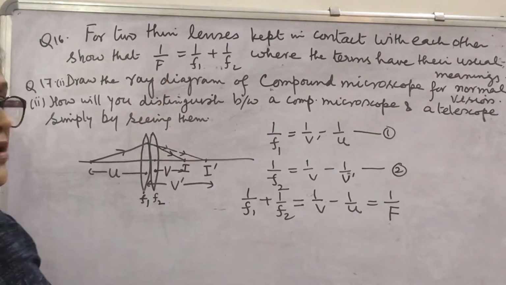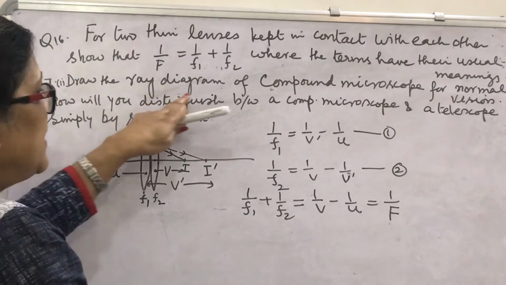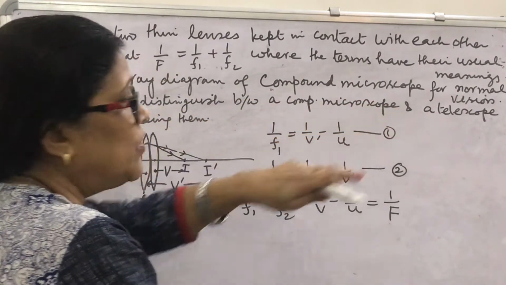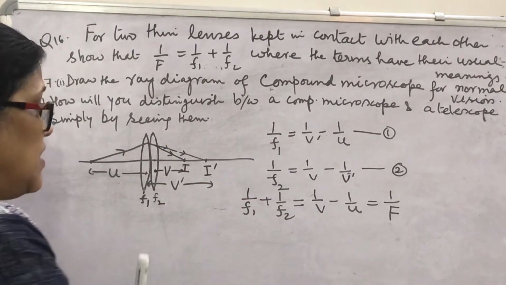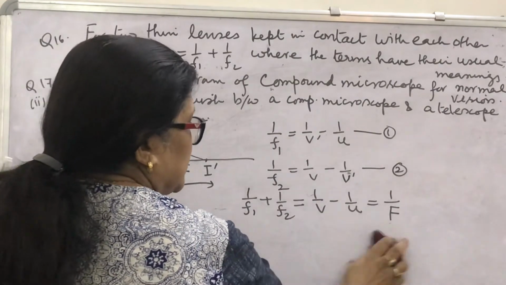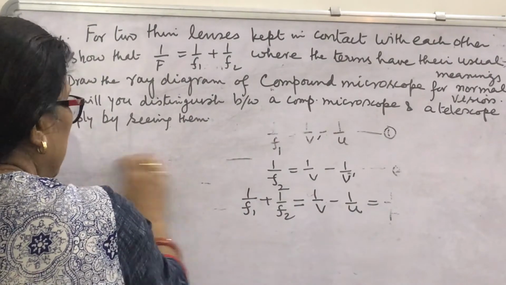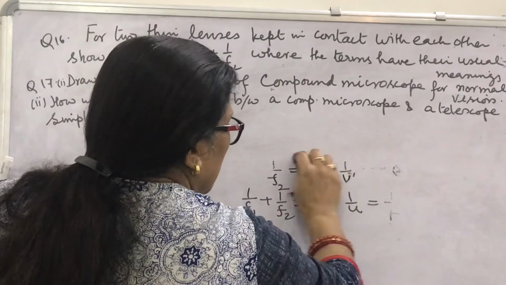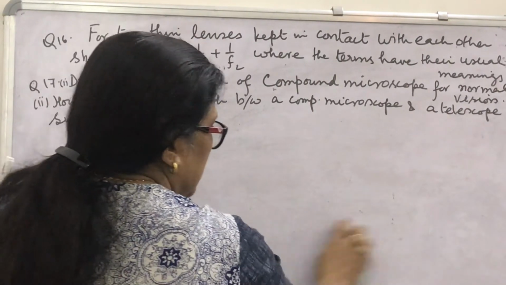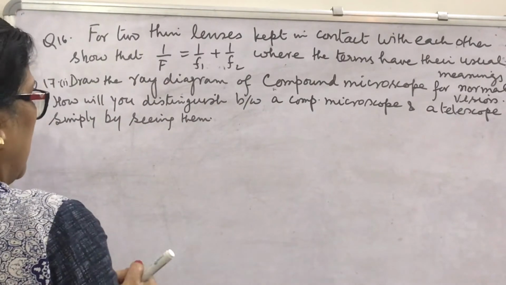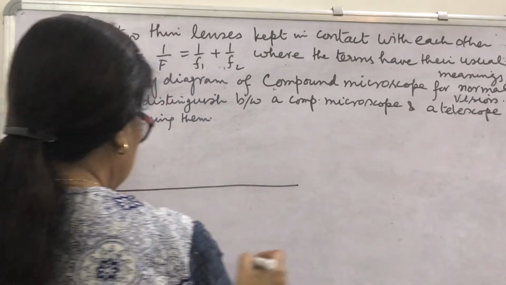Okay. Now come to the 17th question. Draw the ray diagram of a compound microscope for normal vision. Normal vision means the final image is formed at infinity. How to draw the compound microscope figure? A compound microscope has two convex lenses, one of smaller aperture and the other bigger. You draw the principal axis.